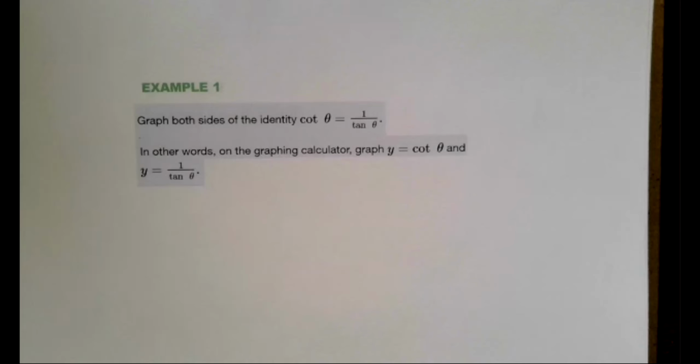So the way to verify that two equations actually represent the same values or the same graph is to graph both of those expressions. So let's do it here. It says graph both sides of the identity, cotangent theta and 1 over tangent theta, to prove that they're the same thing, to prove the identity by graphing.